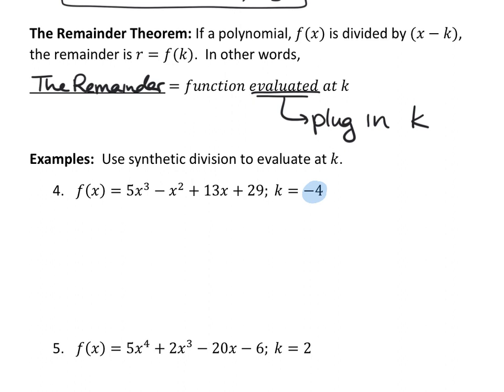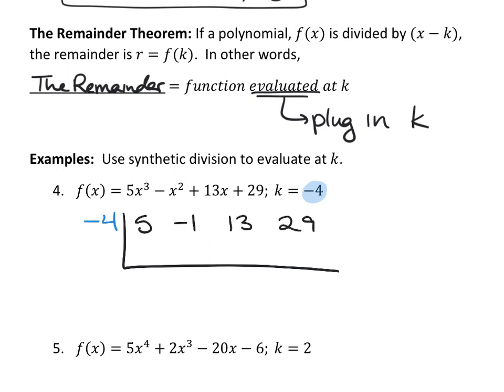So if we're doing synthetic division for this, it would be -4 house box. This would be 5, -1, 13, and 29. Am I missing any terms that I need to be aware of in that dividend in f of x? Or does it go 3, 2, 1, nothing? 3, 2, 1, nothing. So we're good. We're not missing anything. Cool.